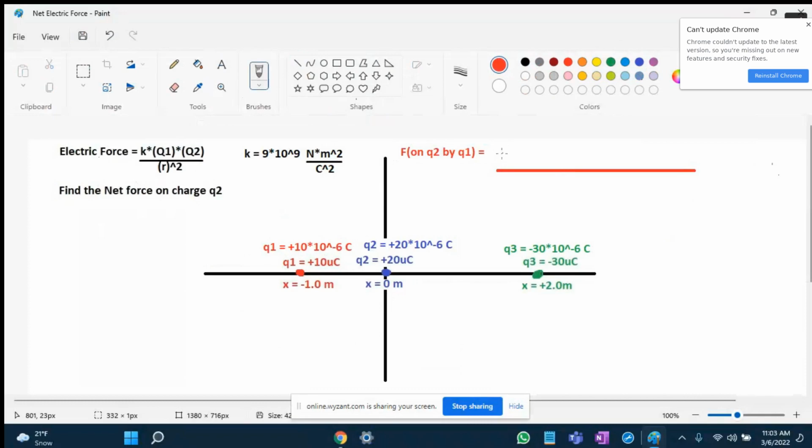So it would be equal to 9 times 10 to the 9 times Q1, which would be 10 times 10 to the negative 6 coulombs times 20 times 10 to the negative 6.